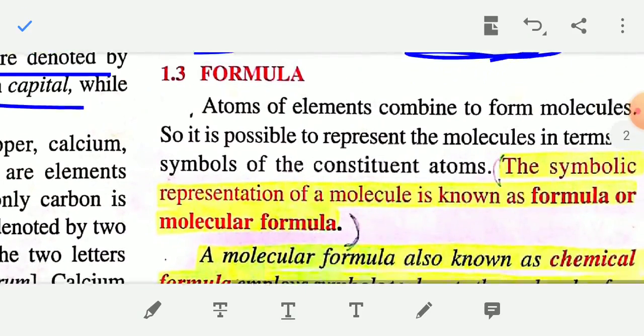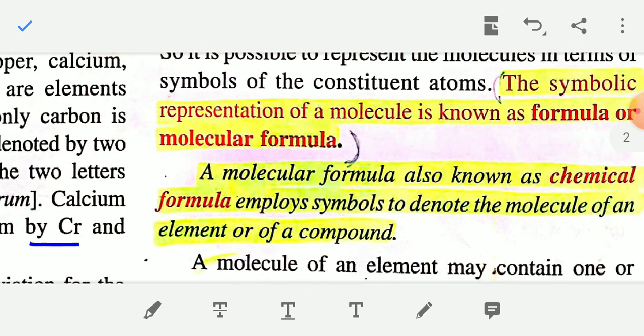The symbolic representation of a molecule is known as a formula, or molecular formula, or chemical formula.